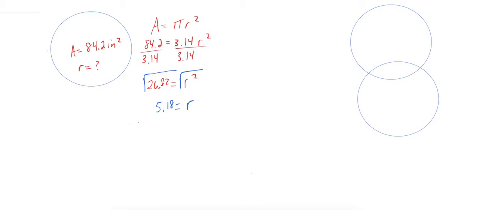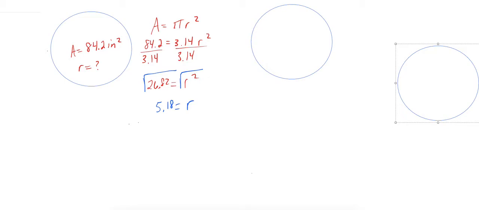All right. Now I can do the same thing if I'm trying to find the radius when I have the circumference. So let's say I tell you that there's a circle here, and the circumference of the circle is equal to, let's do the same thing, 84.2 inches. So I want to know what's the radius.